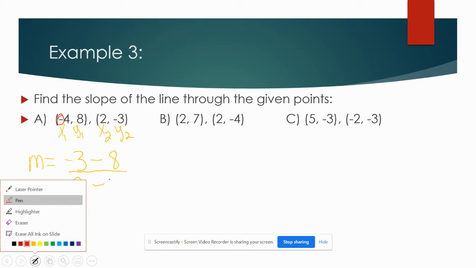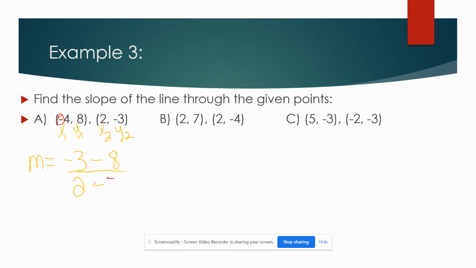That negative still needs to be part of it. That negative doesn't replace the subtraction. So 2 minus negative 4. Well, negative 3 minus 8 more is negative 11. 2 minus negative 4, add the opposite, gives us plus 4, which is 6. So our slope is negative 11 over 6.